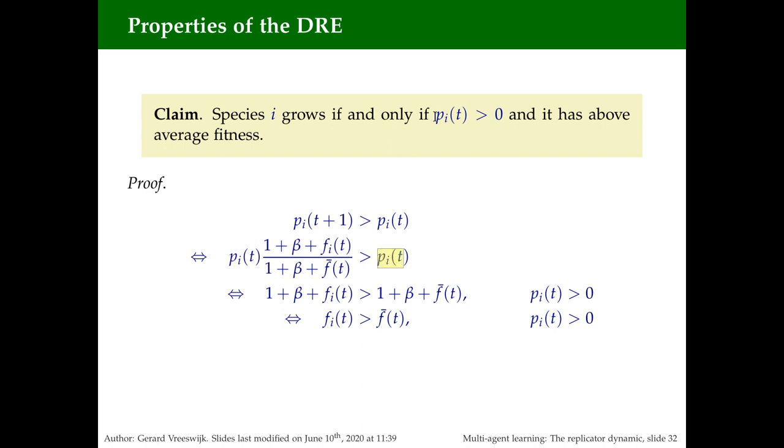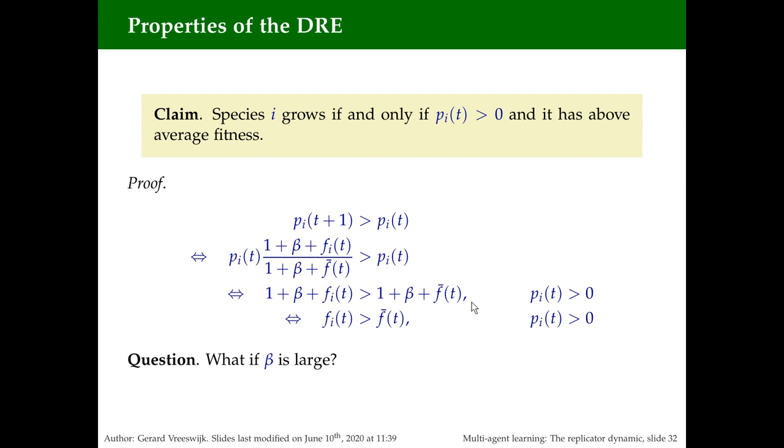Now you use this assumption here. Divide by p sub i t, cancel out equal terms, and you indeed have this one, provided the proportion is non-zero. These implications hold in both directions, so you should check that you can reason the other way around.